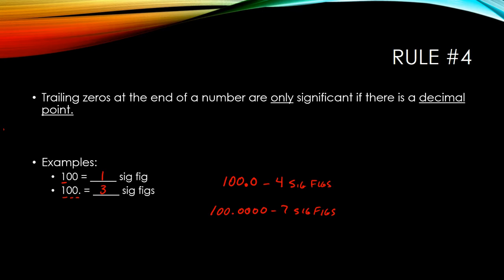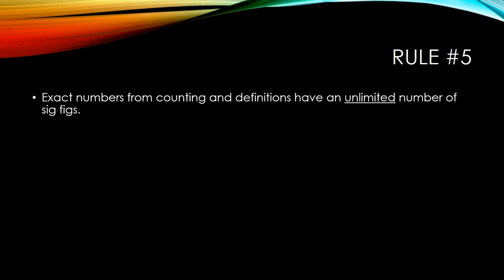Now with this, we have one more rule. I missed this one. So 100.0, we already talked about it, 4 sig figs. And so let's look at our last example here, rule number 5. For rule number 5, exact numbers that come from counting and definitions have an unlimited number of sig figs.